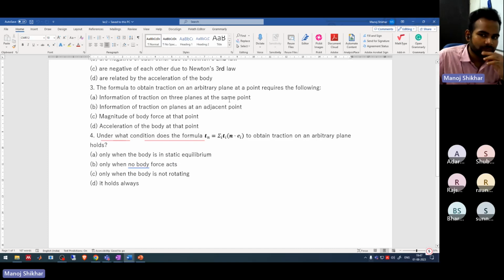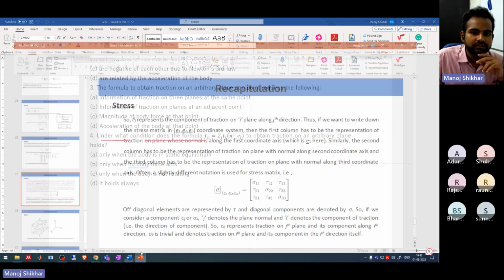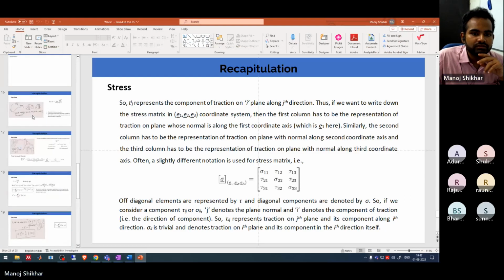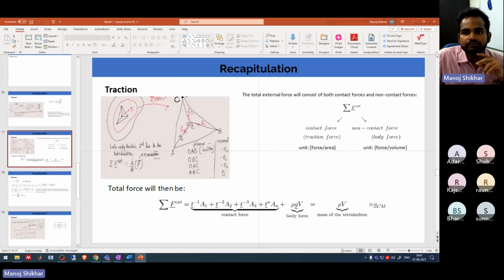Of course, true. If you remember that figure which sir has shown in the class, you will be able to understand this. So the planes ABC, COA, OBC, and AOB, they all should pass through the same point. And we are trying to find the traction on the ABC plane.